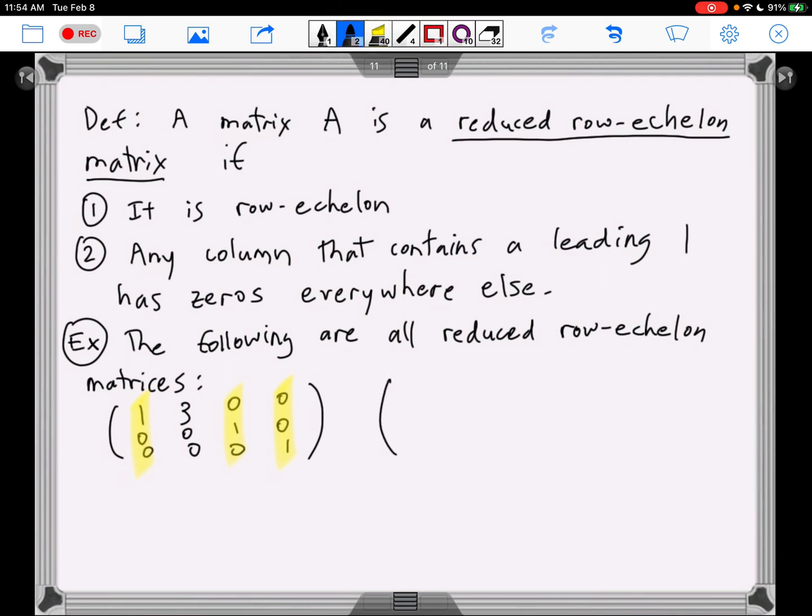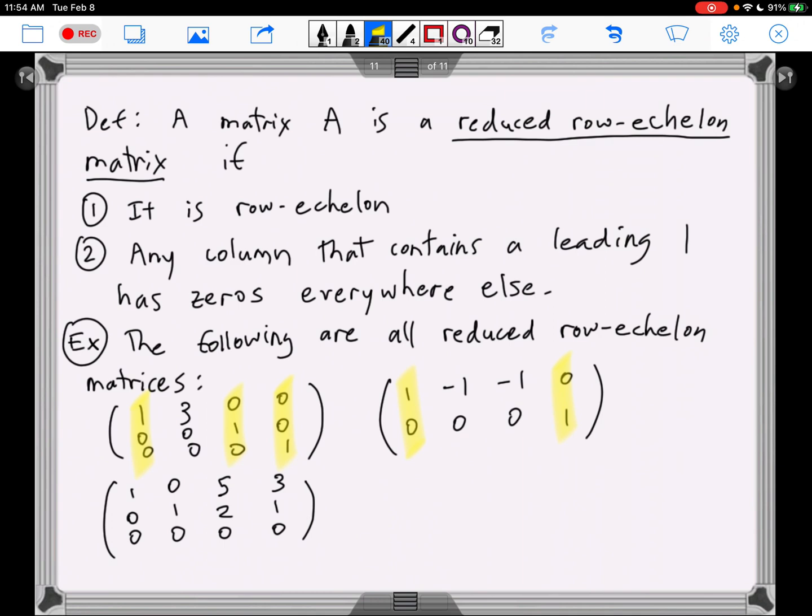Okay, what about this one? 1, 0, -1, 0, -1, 0, 0, 1. Yes, that is reduced row echelon, of course, because of those two, which are the only leading ones, and those columns have zeros everywhere else. How about this one? 1, 0, 0, 0, 1, 0, 5, 2, 0, 3, 1, 0.